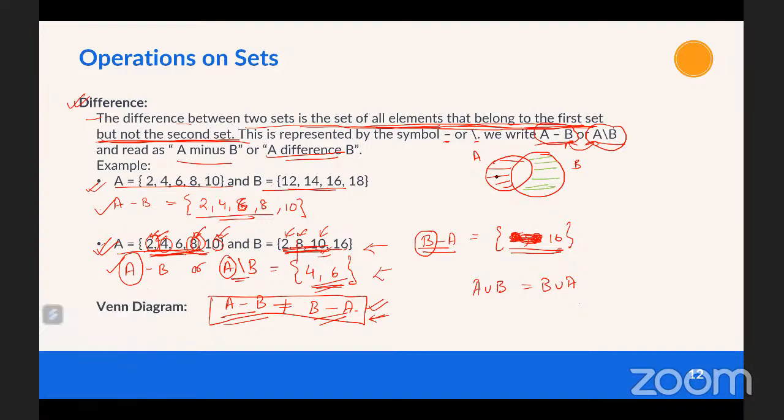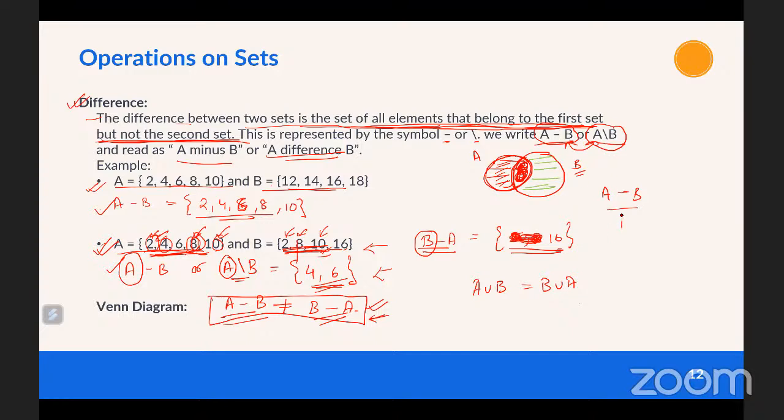See, A is this set, and when you're doing A minus B, you're removing the elements of B. So these elements, which are common to both, are also elements in B. So you will remove them from A and you will get A minus B. So in this case, this will be the region which is A minus B.